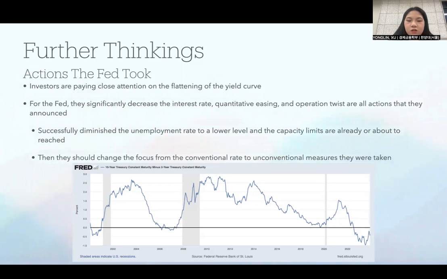And then I think they need to change the focus from the conventional rate to the unconventional measures that they took. So this is basically what they took.